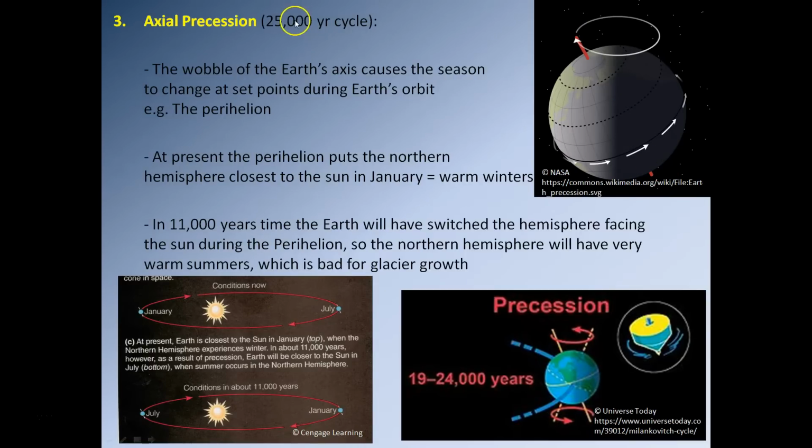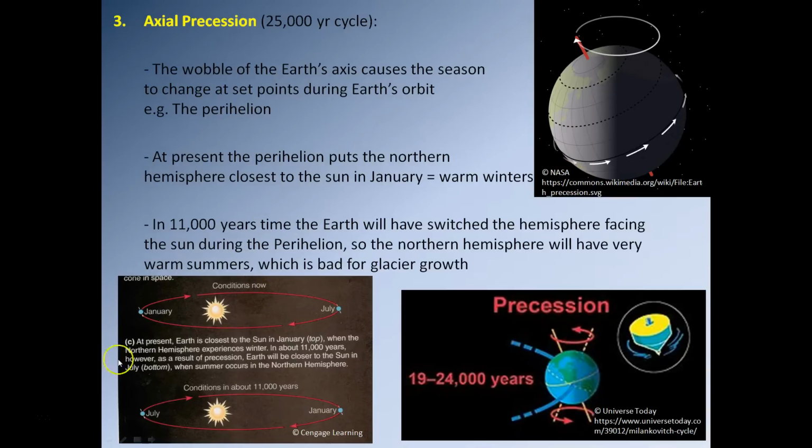However, every 25,000 years, the pole will shift over to here. So now the Northern Hemisphere would be pointing away from the sun, and the Southern Hemisphere would be pointing towards the sun. So the Southern Hemisphere would be experiencing summer, and the Northern Hemisphere would be experiencing winter.